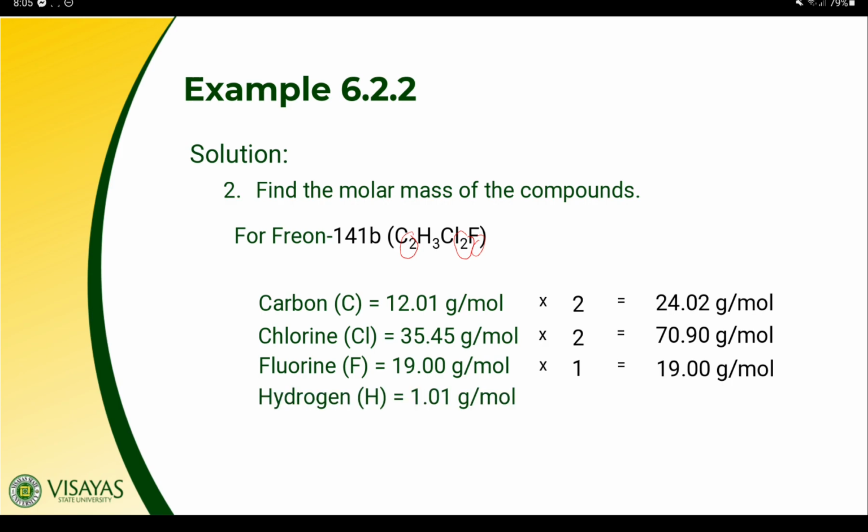Then for hydrogen, we have 3 hydrogen atoms, so we multiply 1.01 grams per mole by 3, and we get 3.03 grams per mole. So to get the molar mass of Freon 141B, we get the sum of these 4 values, and we get 116.95 grams per mole. Okay. The molar mass of chlorine in this Freon 141B is 70.9.